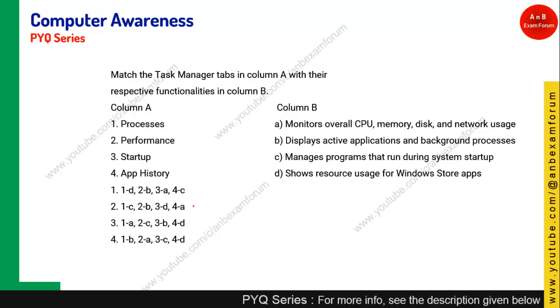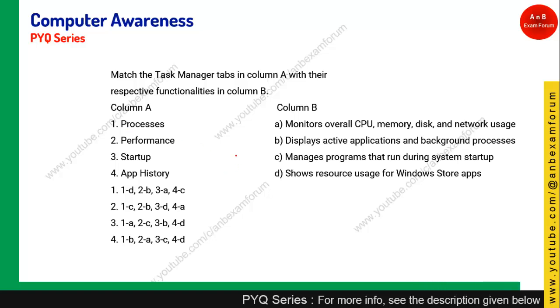Coming to the next one, these are theoretical, but if you use a little intelligence, you are going to solve this very easily. So processes, performance, startup, and app history. Okay, so where to start?